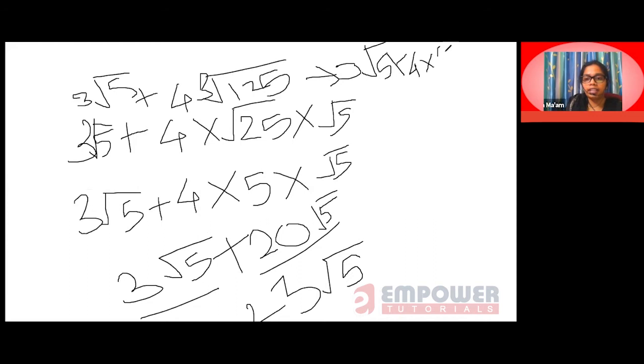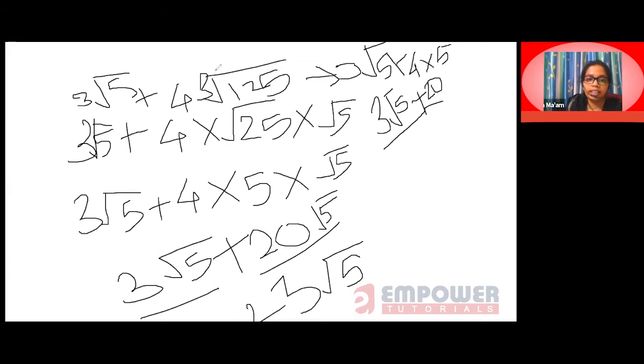In that case, I would have one irrational number and one rational number. In that case, I won't be able to add these two numbers, right?